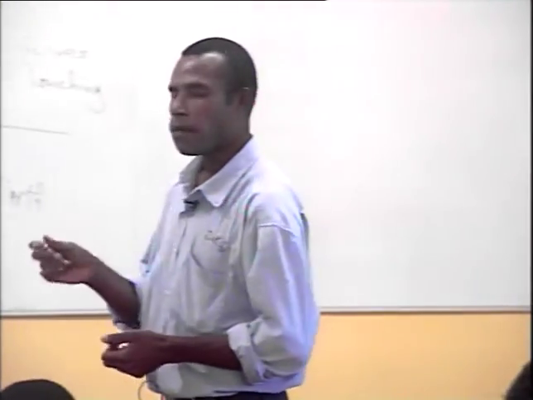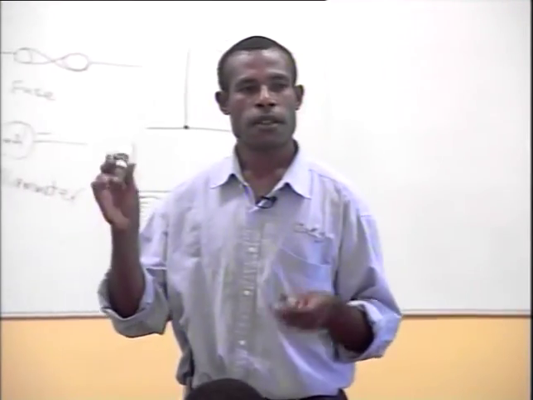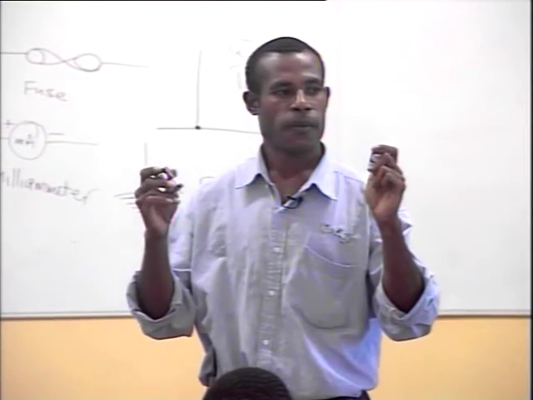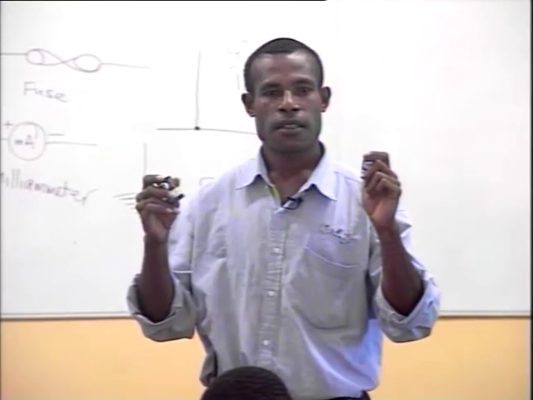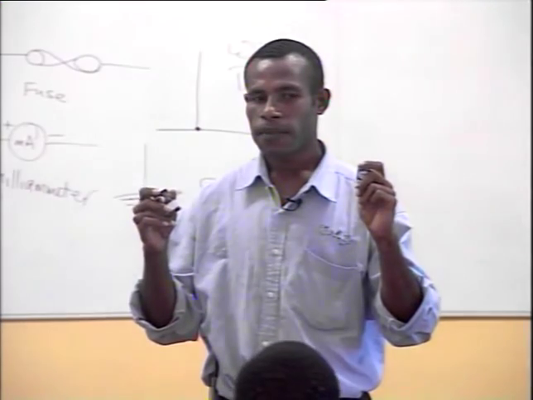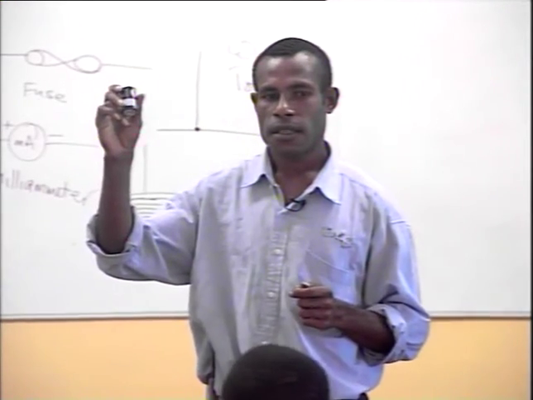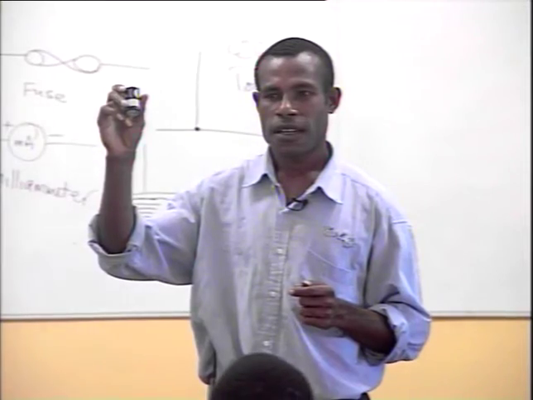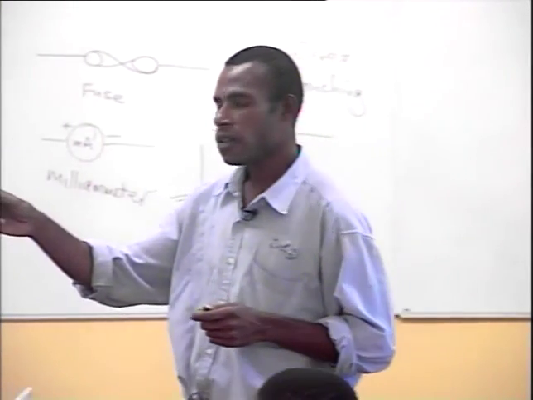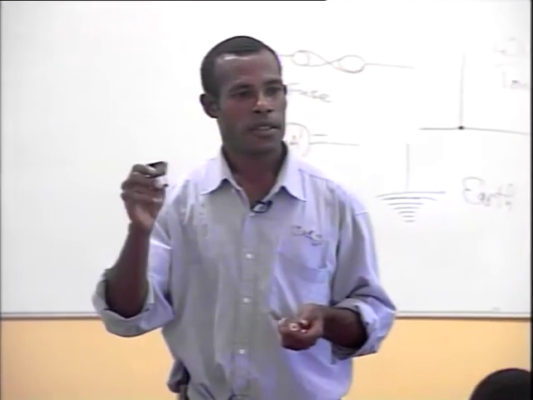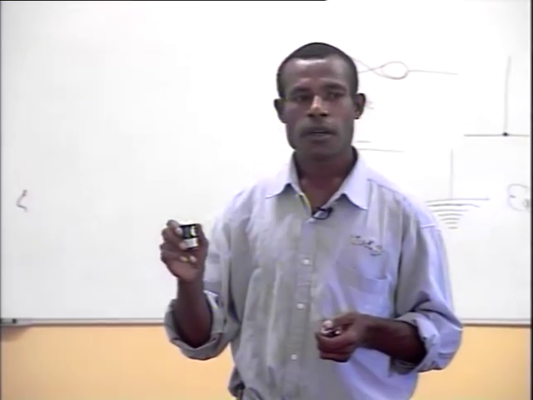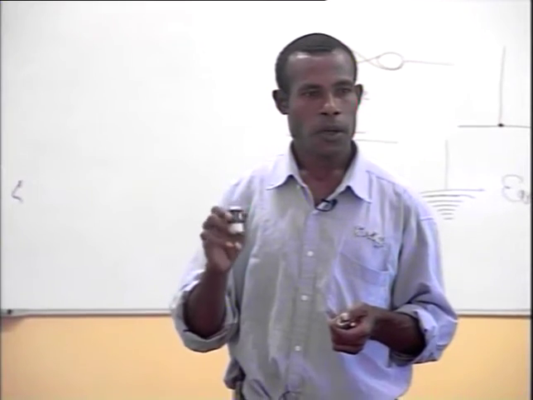All right, so what is the function of this one? What is the function of the cells? How can you explain them? Is this a device? Okay, it is a source of electricity or power.